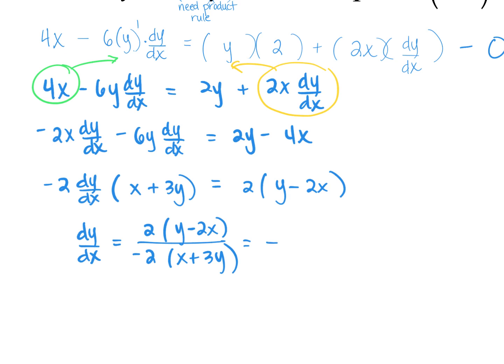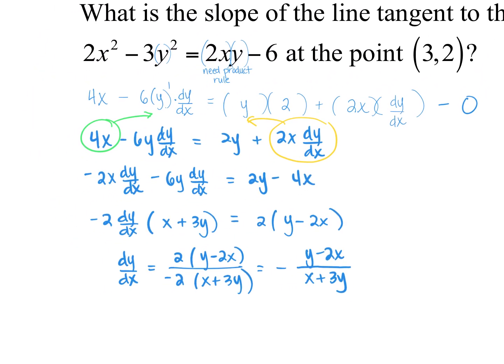The answer will have a negative in it, and we'll have y minus 2x over x plus 3y as my denominator. So now what that tells me is I can take this loop-de-loop function that does not pass the vertical line test, and I can still find its slope at any particular single point.